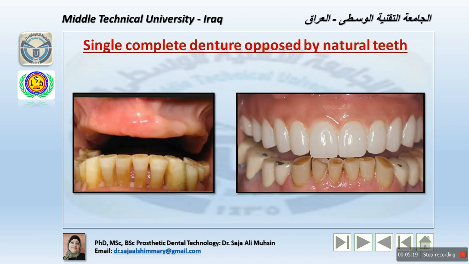Now, the single complete denture opposing natural teeth, the most common is a complete upper denture and lower natural teeth. Eventually, of course, the evaluation of the natural dentition should be checked. First of all, we should check that we have an even alignment of the teeth. Is there tipping or extrusion? We should keep this in mind with the natural teeth.